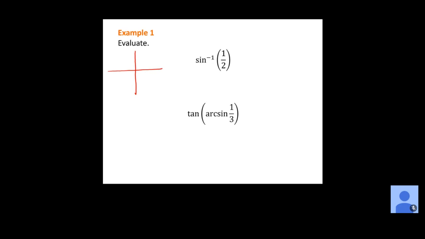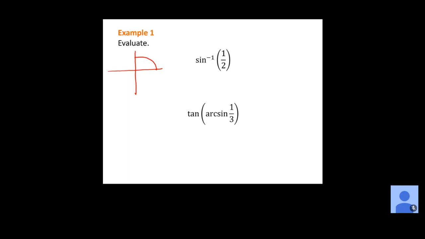We know it's positive, right? So in this case, I'm going to focus on the first quadrant. It could be first or second. I'm just going to think about the first quadrant here. And remember, sine is the y value. So we want to know where would the y value be equal to 1/2?